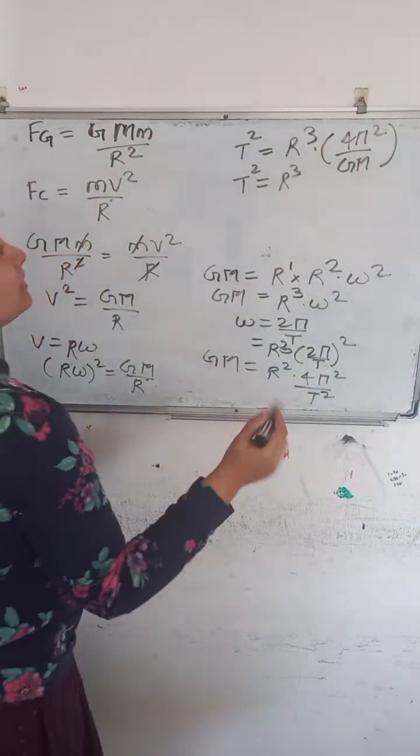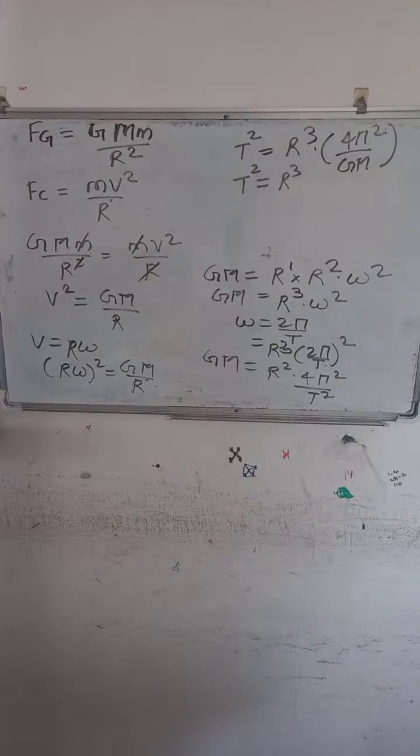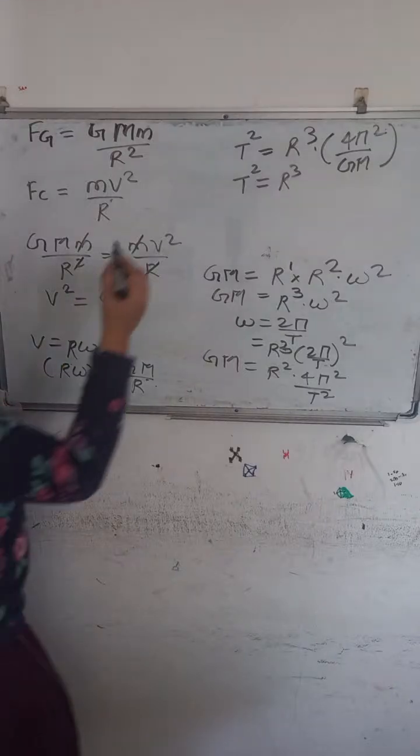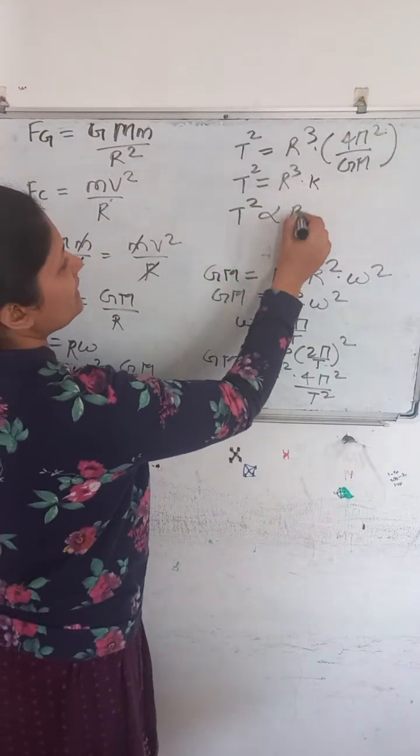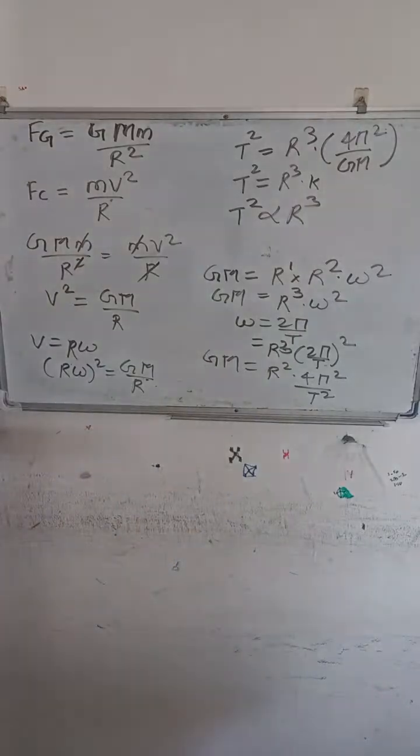The gravitational constant is constant, the mass of the sun is constant, and 4 pi square is also constant. So we can take this as a k, and from this we can write T square is directly proportional to R cube. This is the derivation we have for the third law of periods for planetary motion.